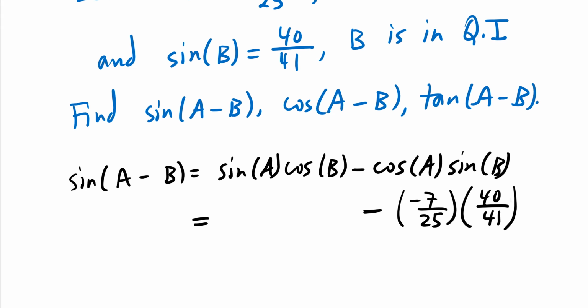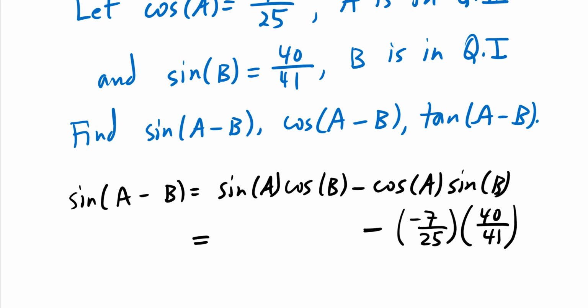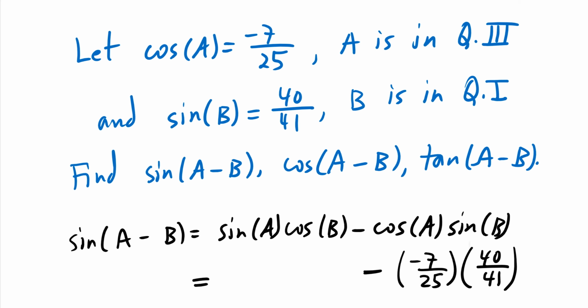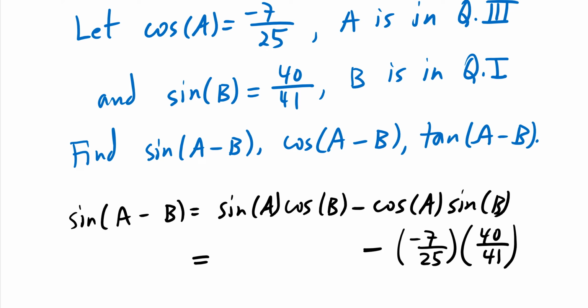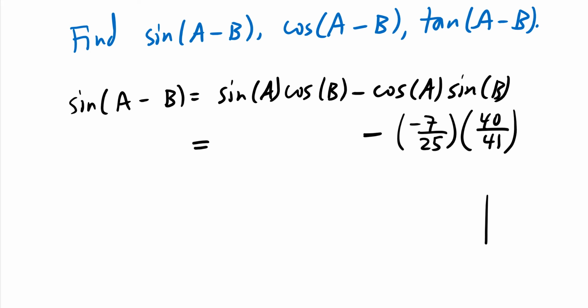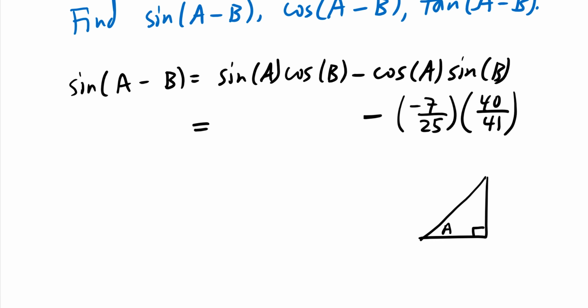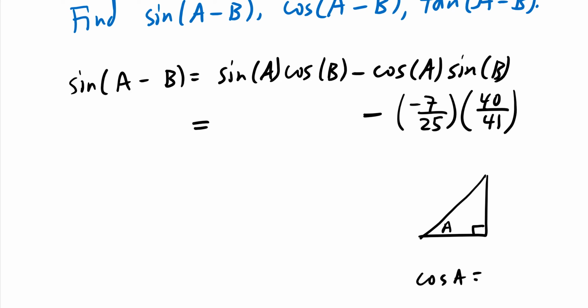Now, how do we find sine A and cosine B? We can use the Pythagorean identities or SOHCAHTOA. So cosine A is 7 over 25. I'm going to draw a right triangle. This is A. Forget about the negative for now.